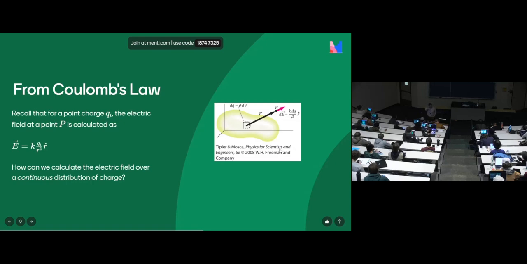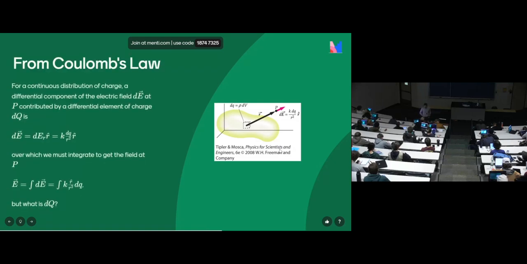Instead of adding up Q sub i, we're going to have to integrate over a differentially small amount of charge. So, a continuous distribution of charge, and a differential component of the electric field.